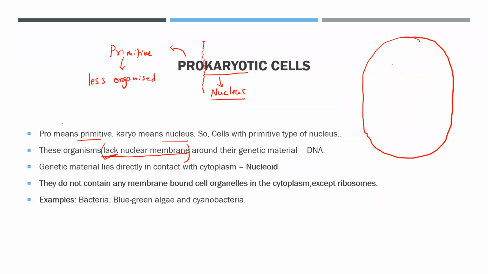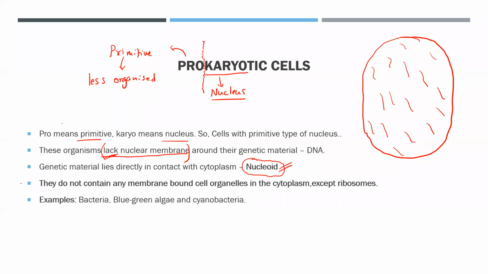If this membrane is lacking, this means that the nuclear material is dispersed inside the cell, spread throughout the cell. And since the nuclear material is dispersed inside the cell, we call that the nucleoid. What do we call it? Nucleoid.